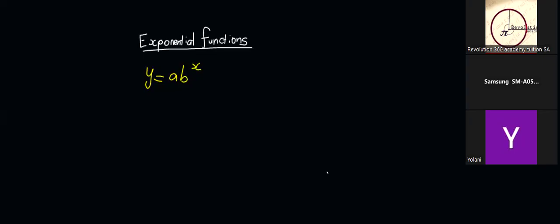Or if it's not written as y equals a b to the power of x, it's going to be f of x equals a b to the exponent of x. Why am I writing it like this? I want to show you that y as well as f of x is one and the same thing. So that's how we write that.